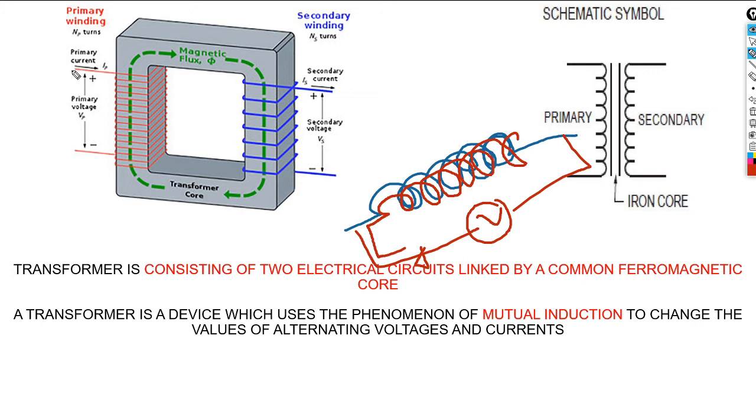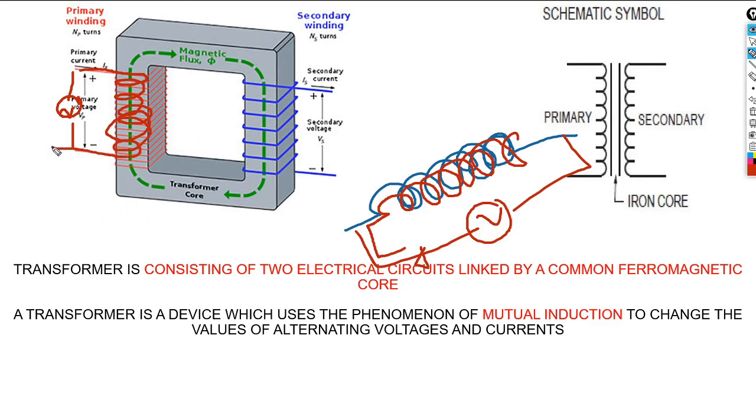On the primary side is where you always put the supply. So you put your AC supply on the primary side. What will happen is that the current will flow through our winding. And if the current is flowing through the winding, what happens?